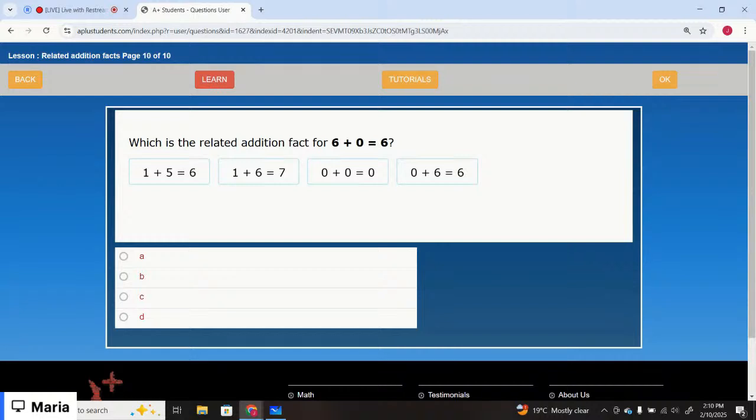Which is the related addition fact for 6 plus 0 equals 6? That is 0 plus 6. Option D is the correct option.